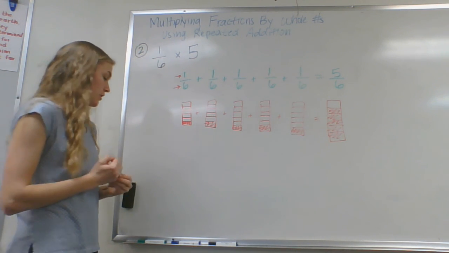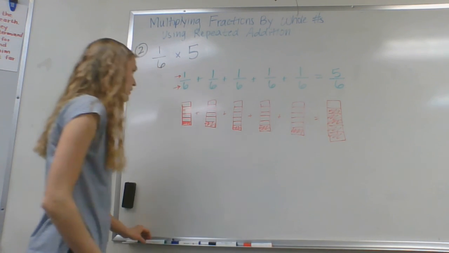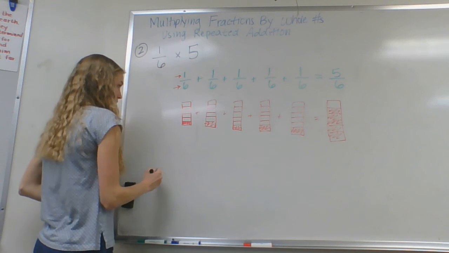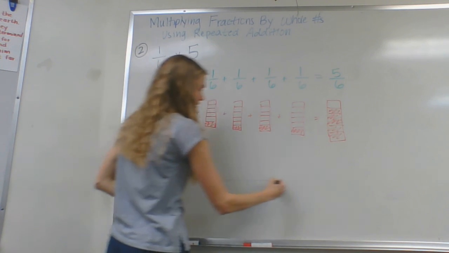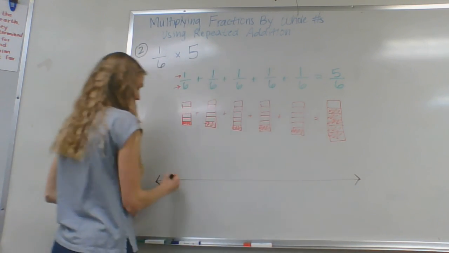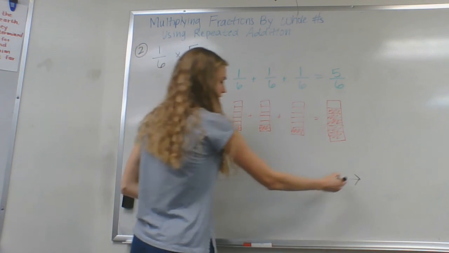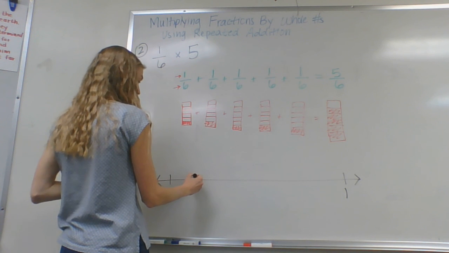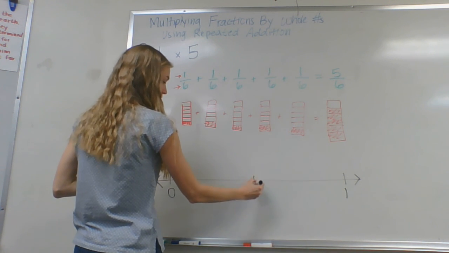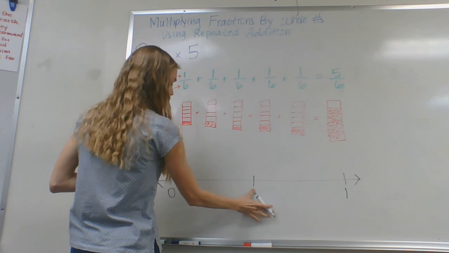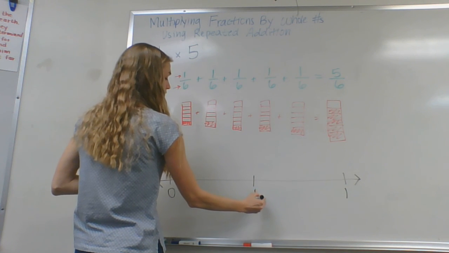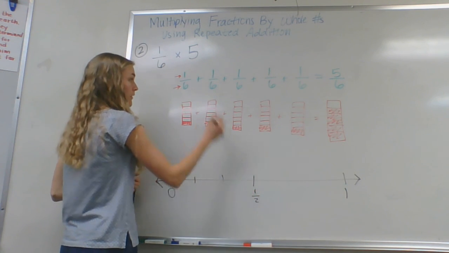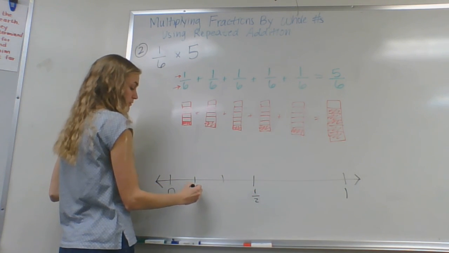And then if we do this on a number line, it's going to be from 0 to 1. It's going to go by sixths because that's what our denominator is.